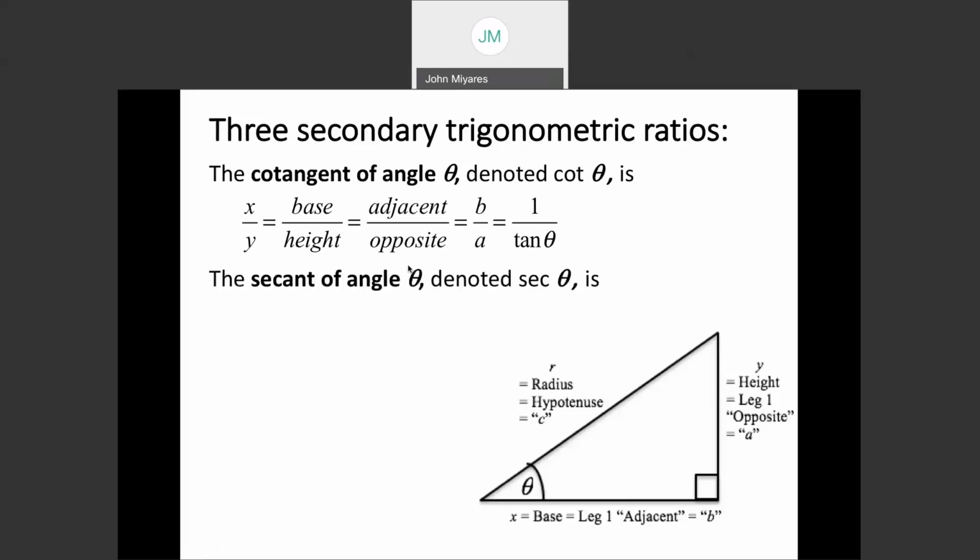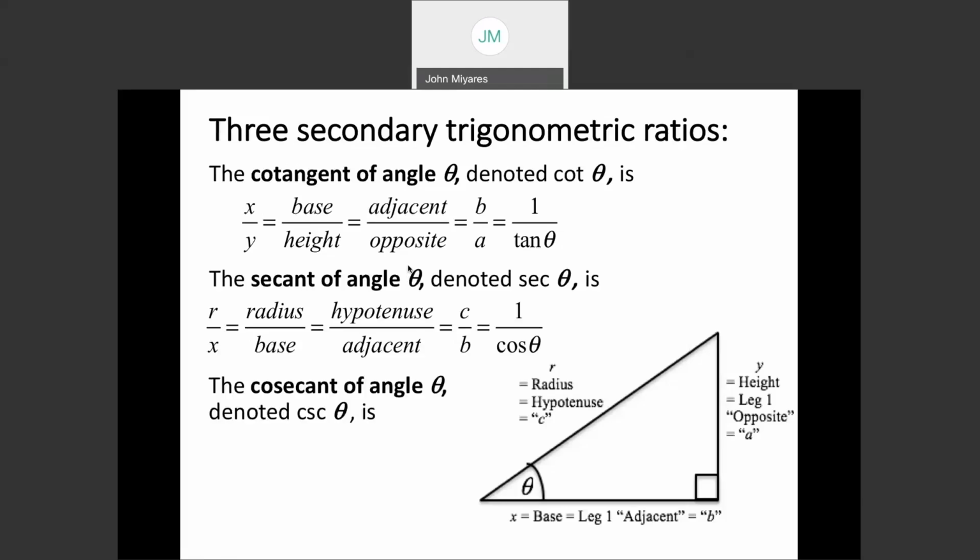The secant of angle theta, denoted SEC theta, is the ratio of the hypotenuse to the adjacent side, or C over B. Based on its setup, you can see that it represents the reciprocal of the cosine. Finally, the cosecant of angle theta, denoted CSC with a theta, is the ratio of the hypotenuse of the triangle to the length of the opposite side, which could also be looked at as the reciprocal of the sine of angle theta.